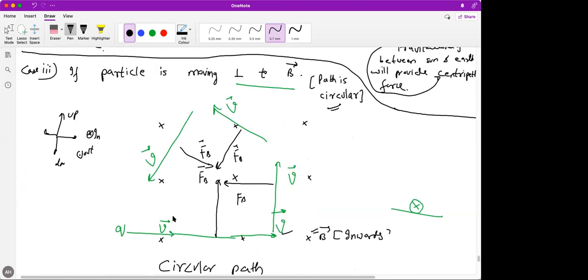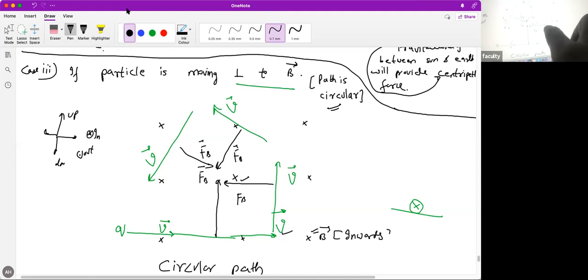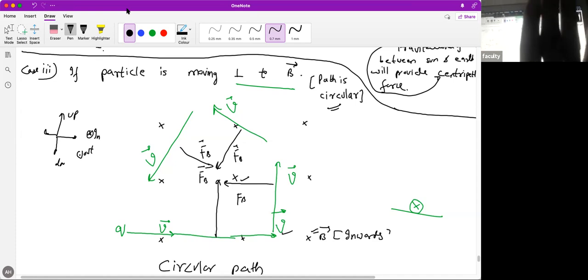So when we again apply right-hand rule in this figure, like how force is acting leftwards. For leftwards direction, just take your right hand, place your right hand in the direction of velocity. See, velocity is upwards. Just take your right hand and place your fingers in the upwards direction and curl it inwards.